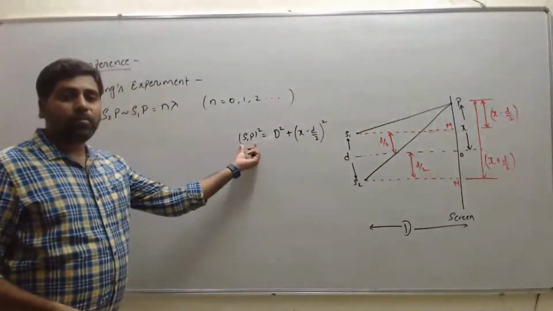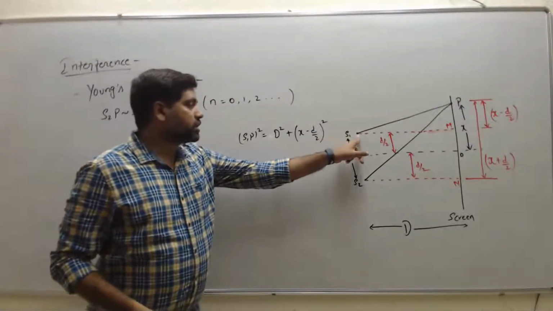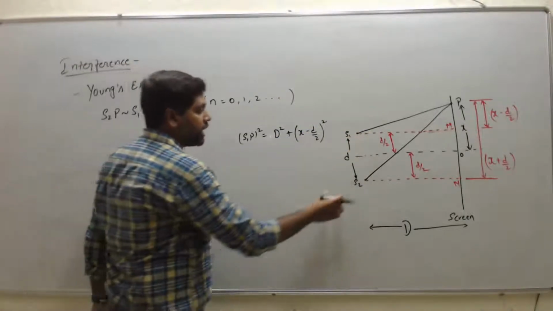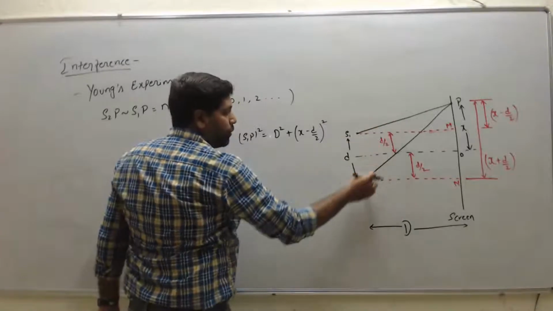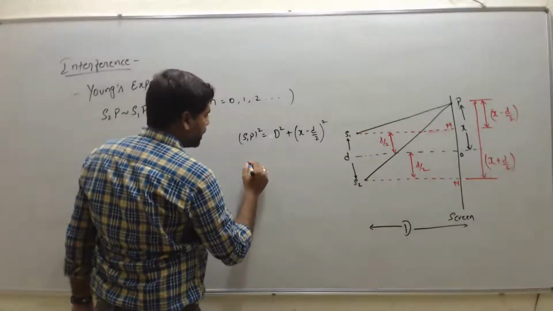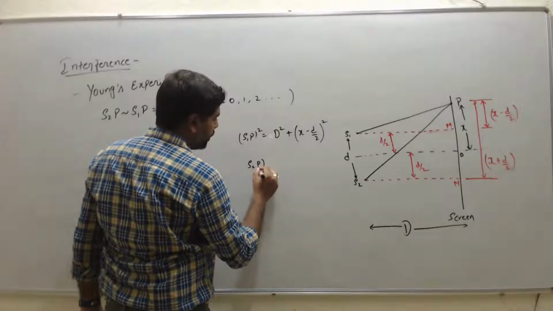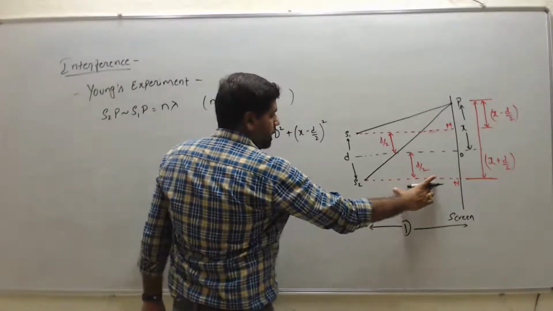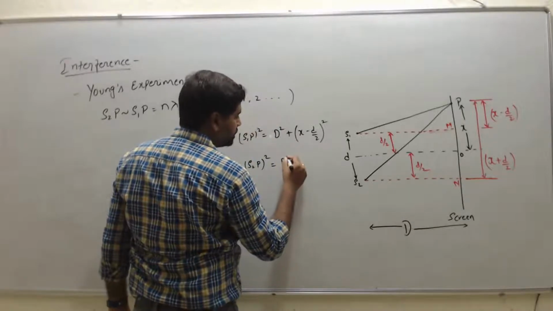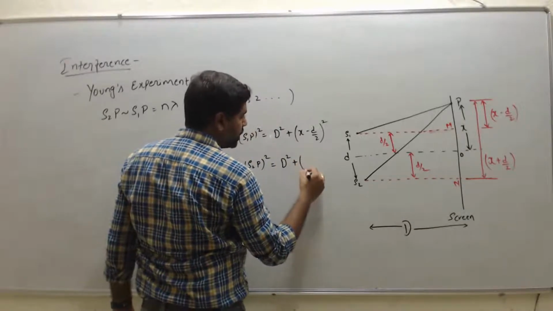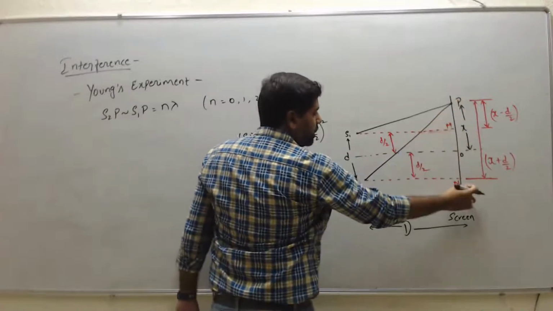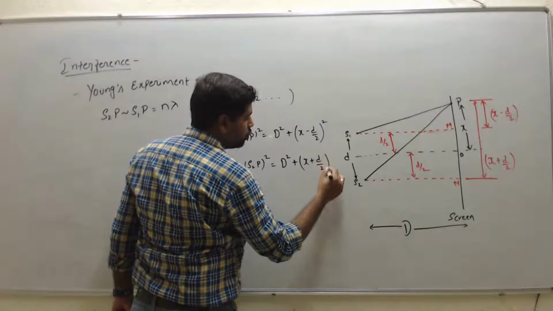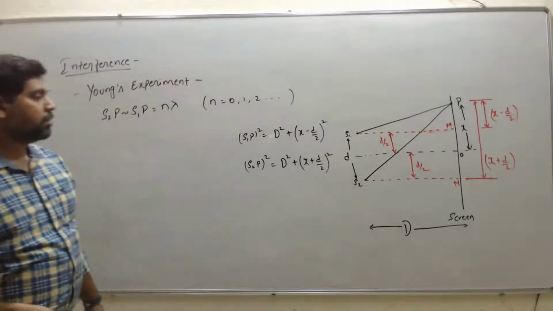That is S1P square from the first triangle P S1 M. Similarly, if we write for the second triangle P S2 N, then S2P square equals the distance from the screen, D square, plus PN, the value we have, x plus d by 2 whole square.